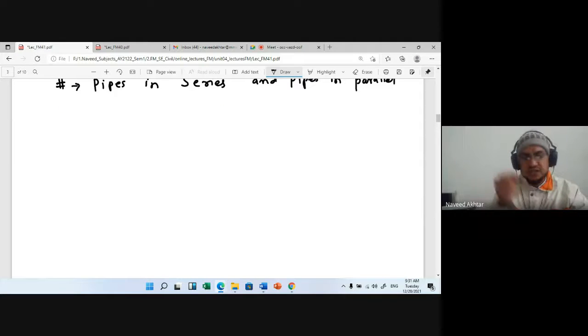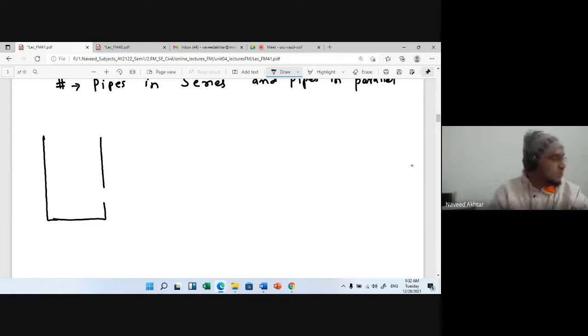We have already solved this example previously, that is the pipe in series. If I draw the pipe in series, this is reservoir one. From reservoir one to reservoir two, the liquid is flowing in series.